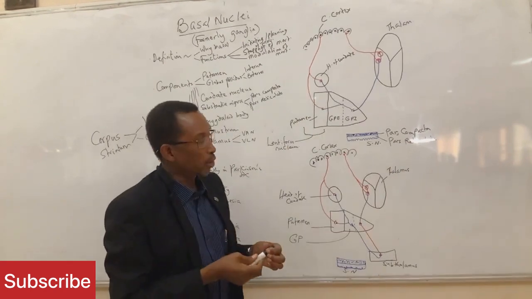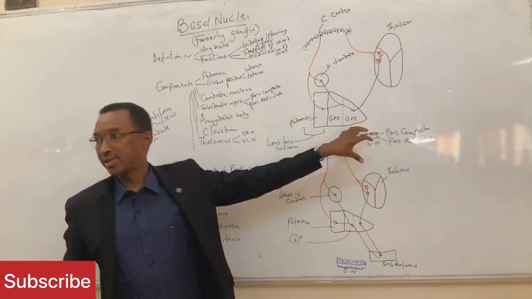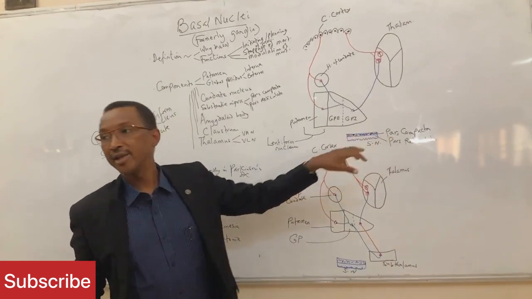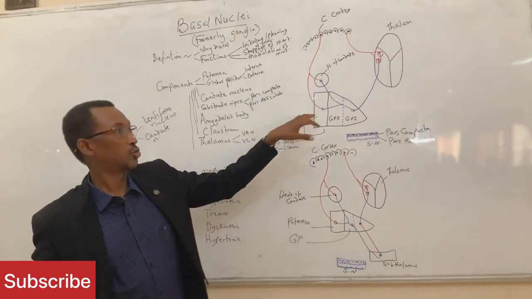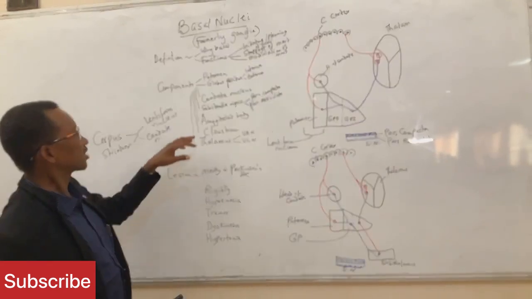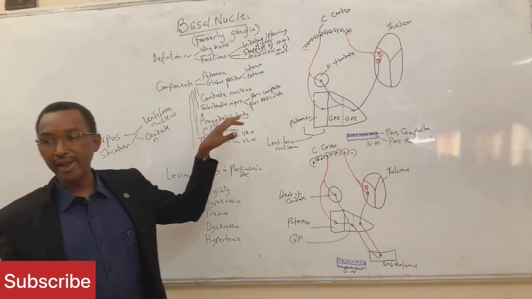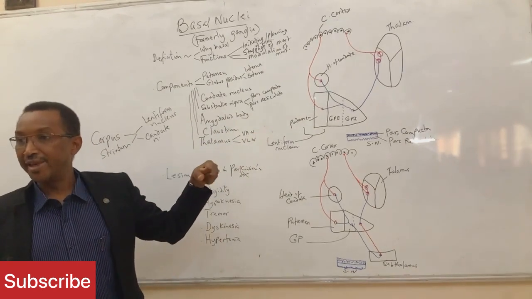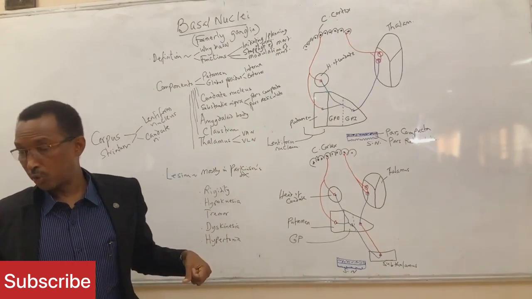Out of these two layers of the substantia nigra, the pars compacta is the one related to the basal nuclei. Similarly, I also discussed the amygdaloid body, which is the tail end of the caudate nucleus.